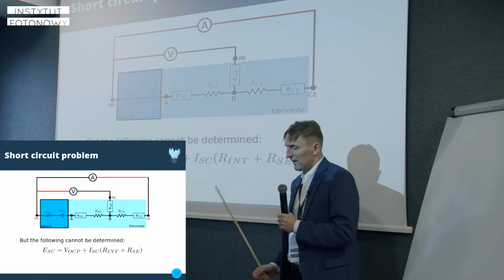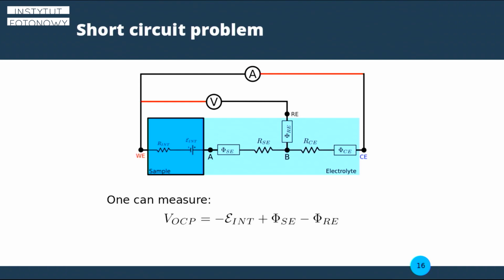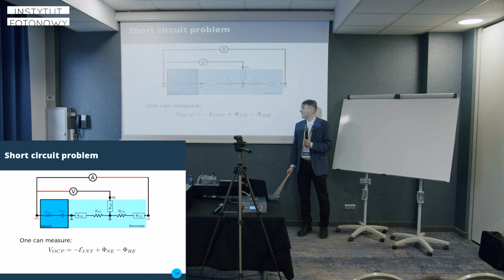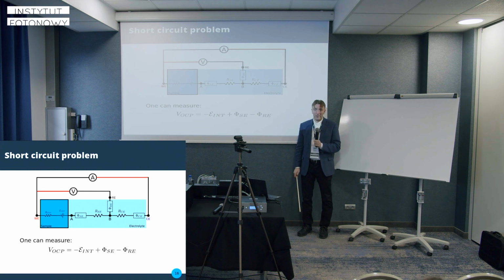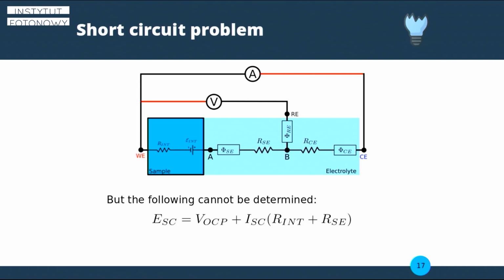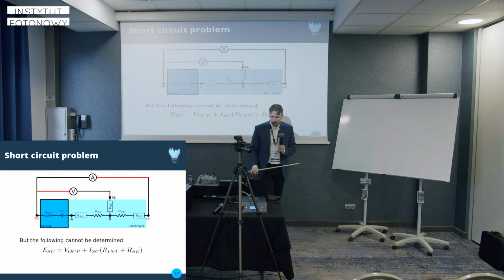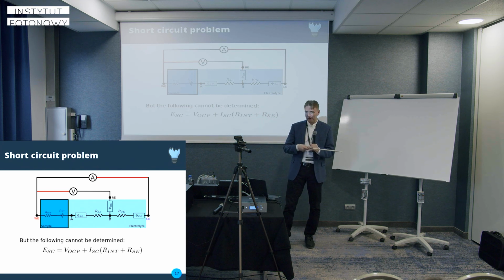This is one thing. Another thing is that neither can you separate those two potential drops for OCP, because they are also in series here. So if you cannot separate them, you cannot devise a method for now to have this potential of 0 between WE and point A. Okay, this is an inconvenience, but we did something drastic to our sample.